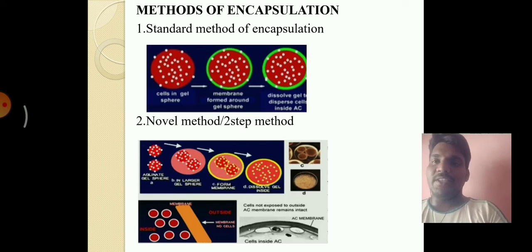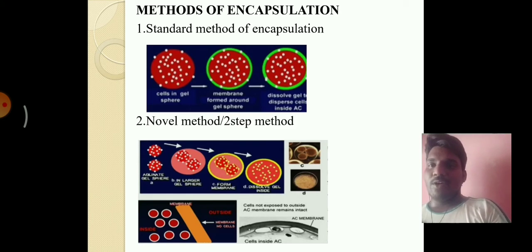In this two-step method, the cells or cellular content are adhered or encapsulated into a small gel sphere, which is an alginate small gel sphere, and these alginate small gel spheres are encapsulated into a larger sphere.